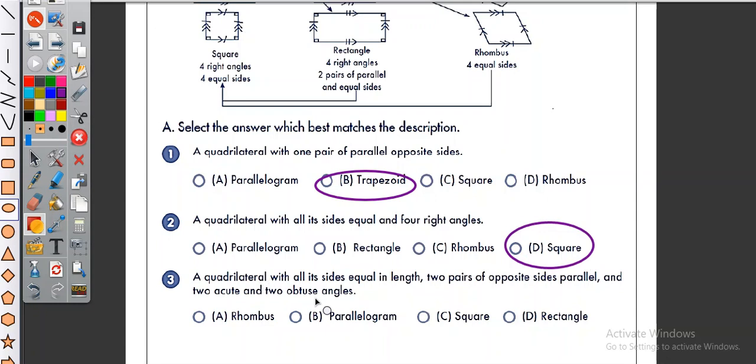I am a quadrilateral with all its sides equal in length, two pairs of opposite sides parallel, and two acute angles and two obtuse angles. Yes, I am the rhombus. Be careful while choosing, you have to test the shapes carefully.